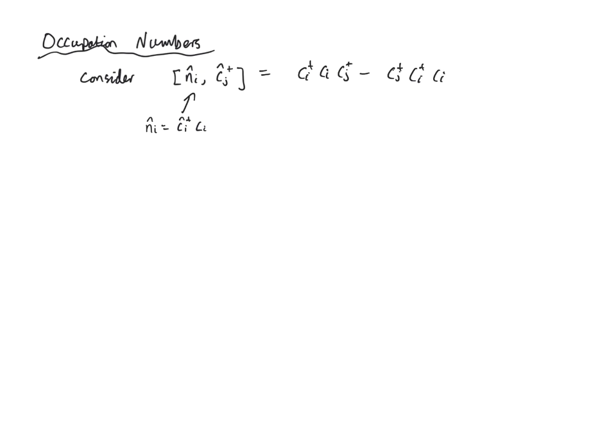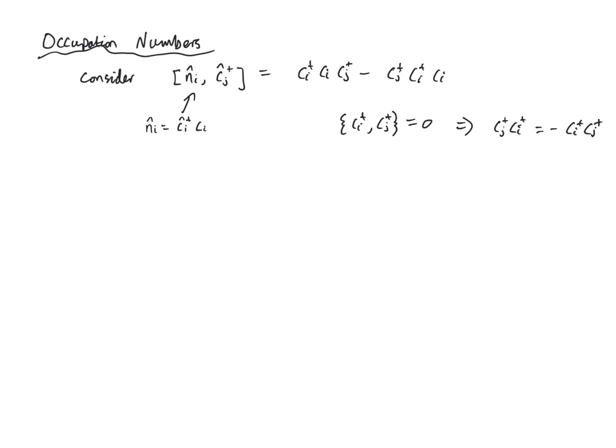So let's try to simplify this a little bit using the anti-commutation relations that we know. In particular, recall that the anti-commutator of Ci dagger and Cj dagger is equal to 0, which tells us that Cj dagger Ci dagger is equal to minus Ci dagger Cj dagger.